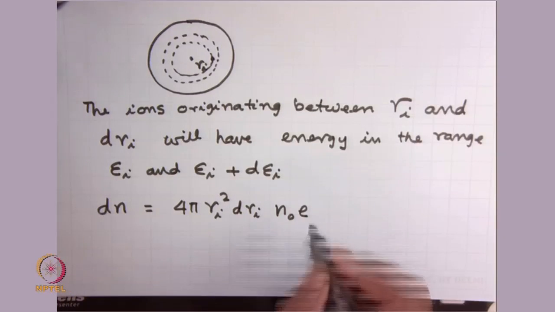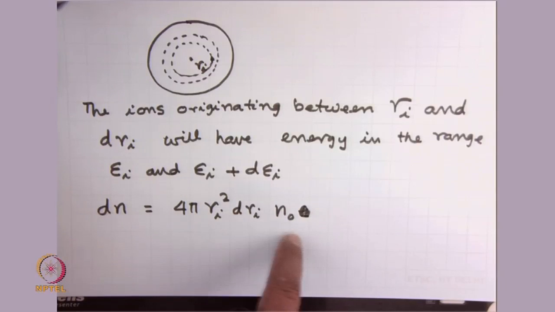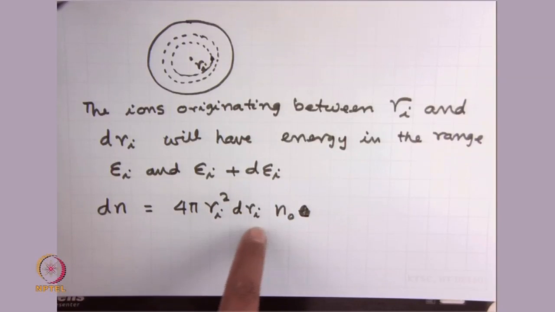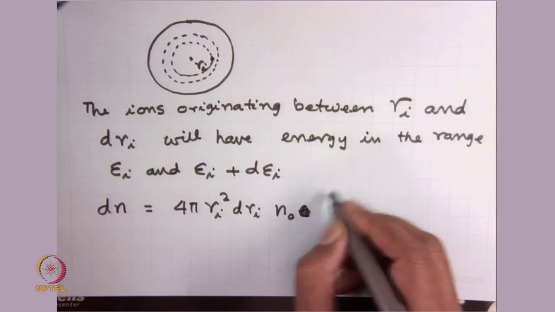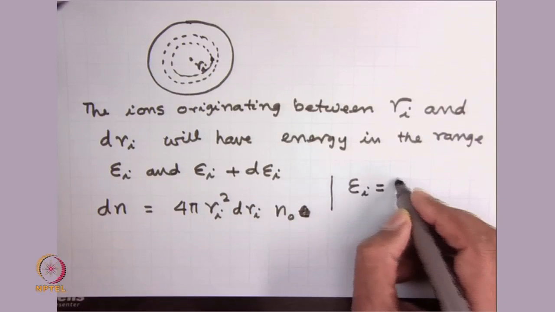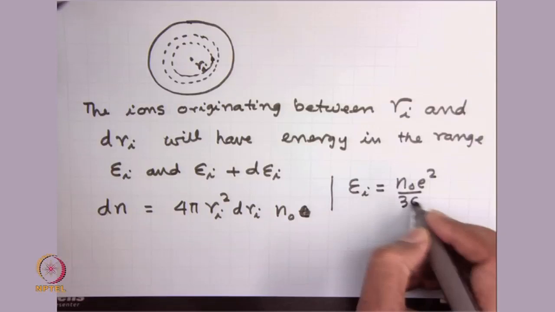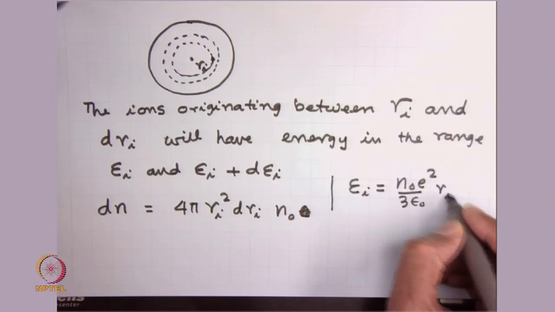So the total number of ions contained in this region will be so much, but Ri and Ei are connected. I just wrote down that relation: the energy of the ion is equal to N0 e square by 3 epsilon 0 Ri square.